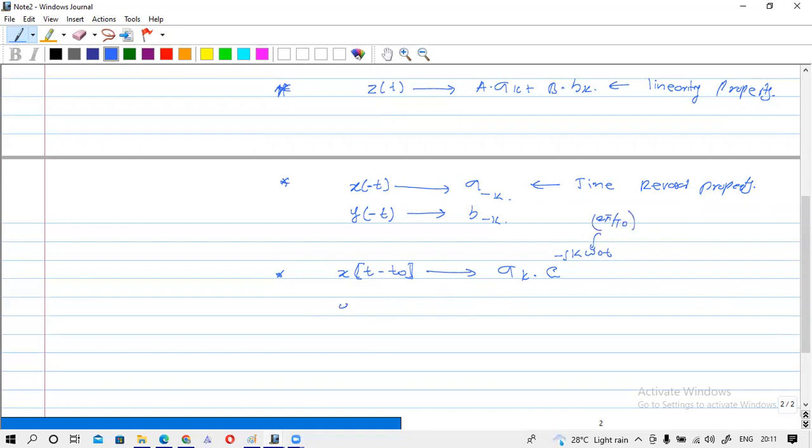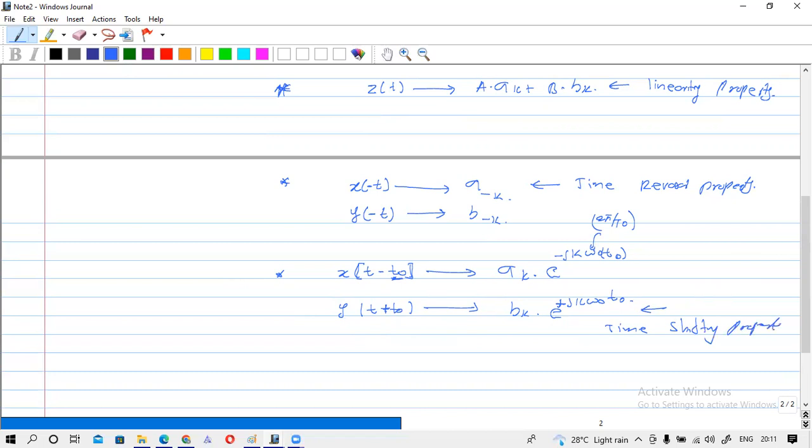In the same manner, if we shift the y signal, y(t - t naught), we will have b_k e^(-jk omega naught t naught). The shifted time here is t naught, and if the shift is plus, the exponent will be plus. So this is the time shifting property.